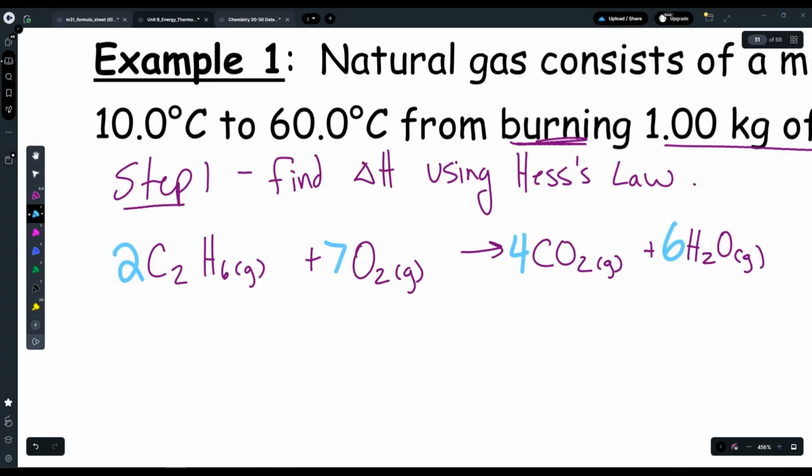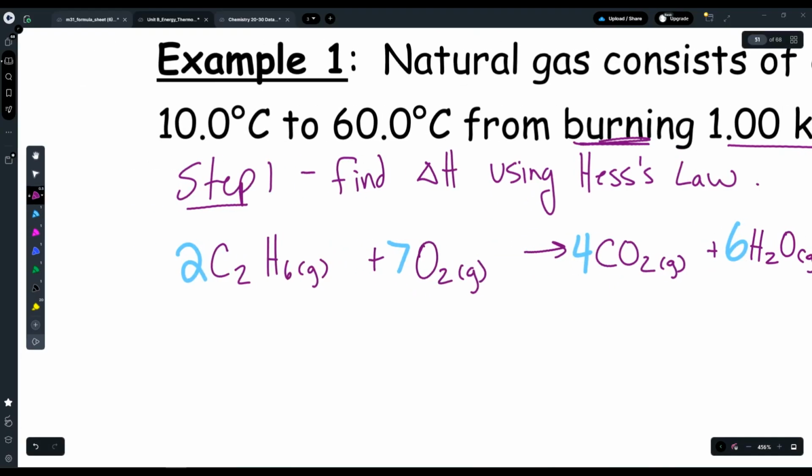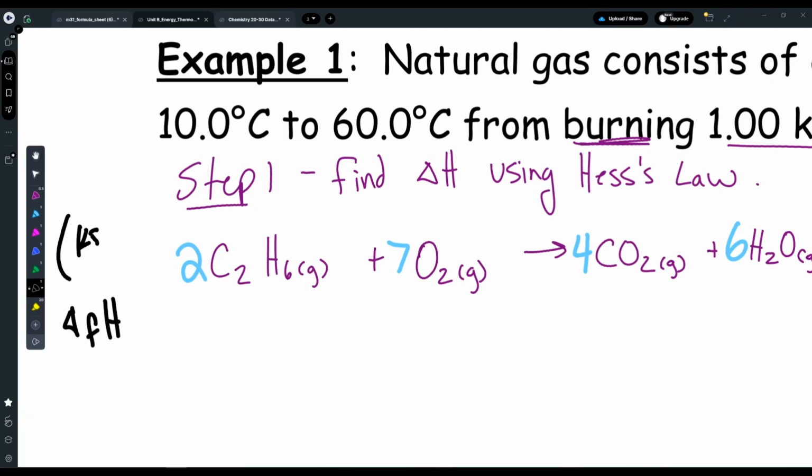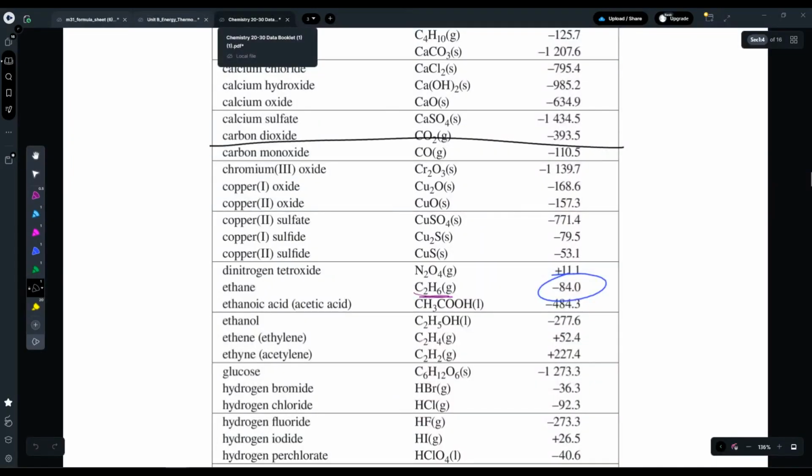Let's clean that up a bit. All right. So I'm going to do this in black. Our molar enthalpies of formation in kilojoules per mole. For ethane, that's going to be negative 84.0.